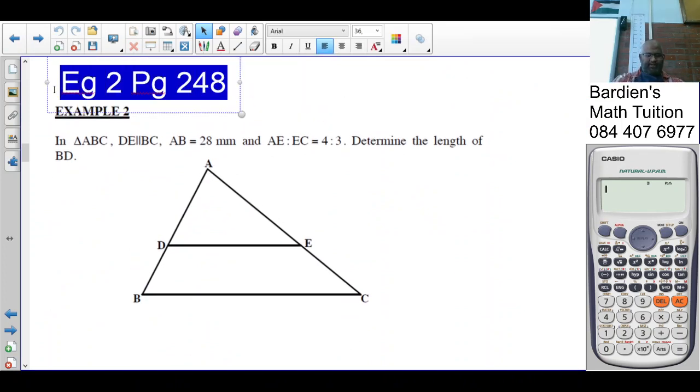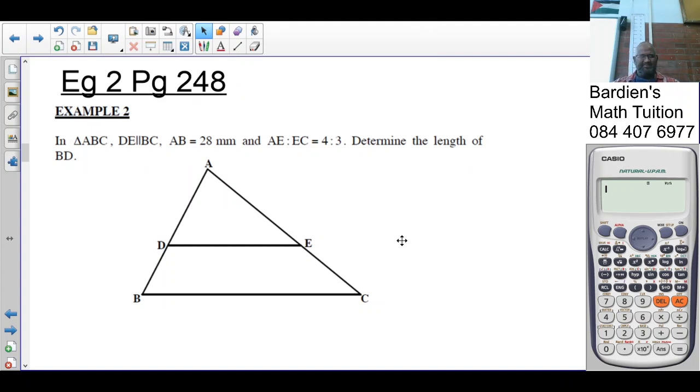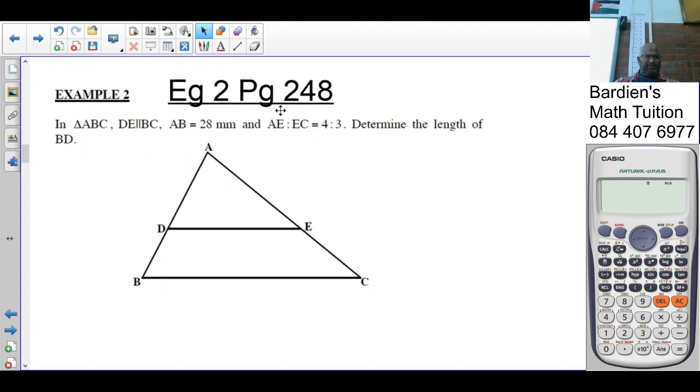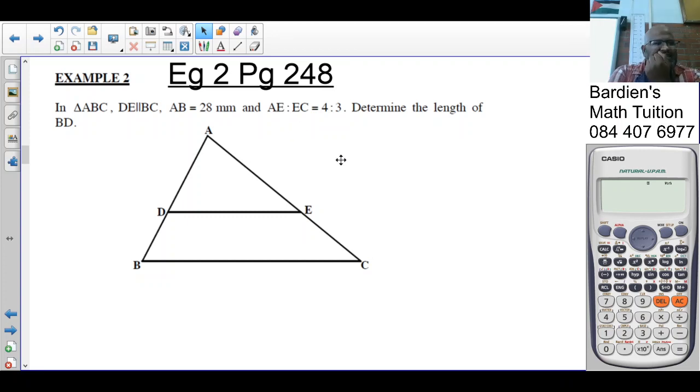So in this example here, we are told that in triangle ABC, so normally they introduce the big triangle, and then we are told that DE is parallel to BC.